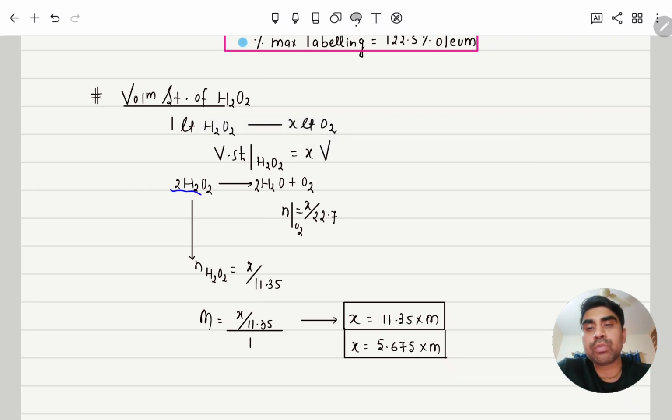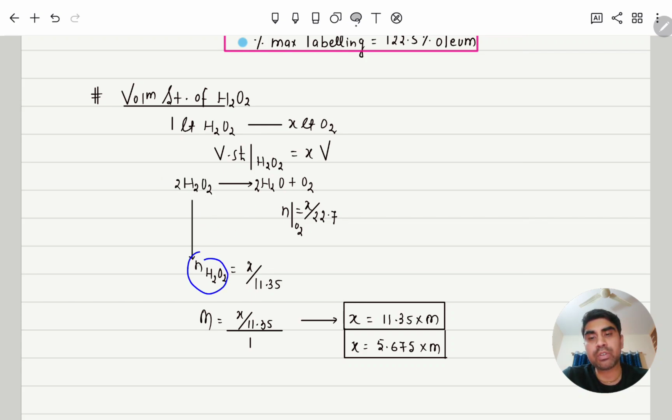Suppose 2 mole of H2O2 breaks down, forming H2O and O2. So what will be the number of moles of O2? That 1 liter produces X liter. So X liter divided by 22.7 at STP. This is the number of moles, given volume divided by 22.7. And here we do mole analysis.